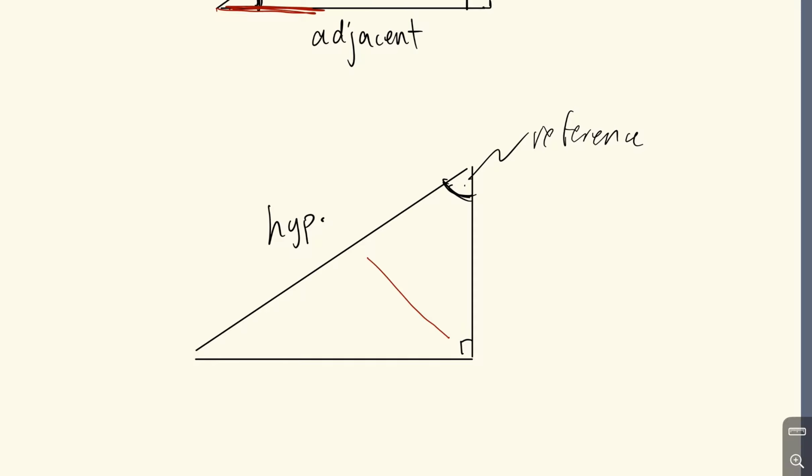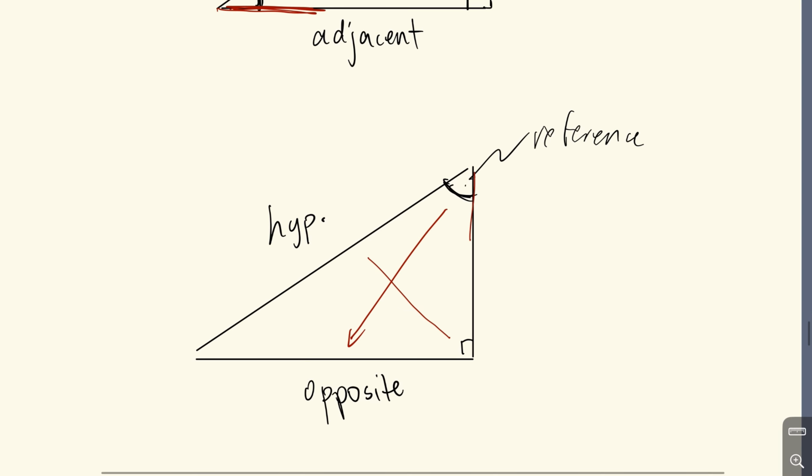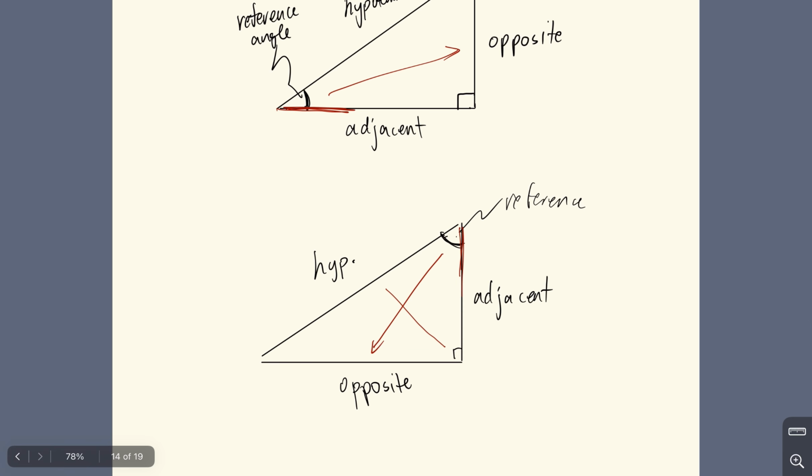But this time, opposite of the reference angle would be over here. It's the side all the way over here. And the side that's touching this reference angle becomes our adjacent side.